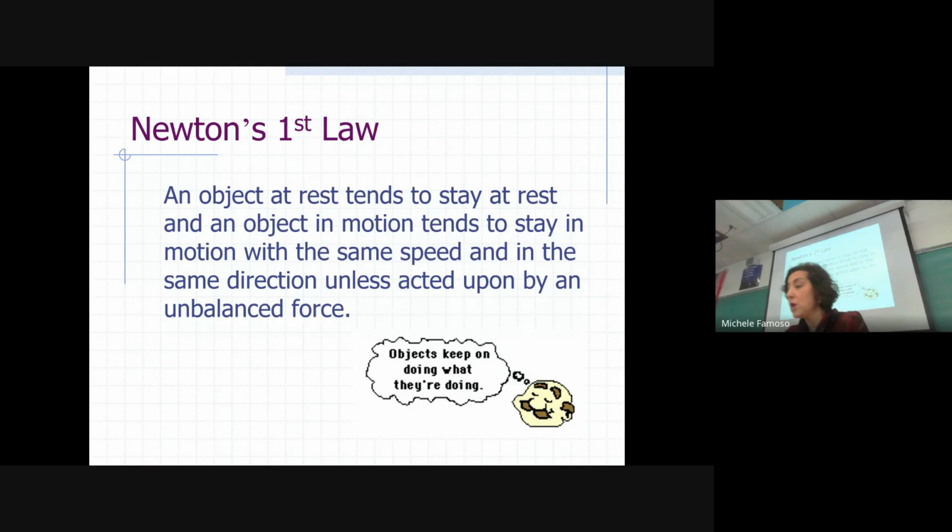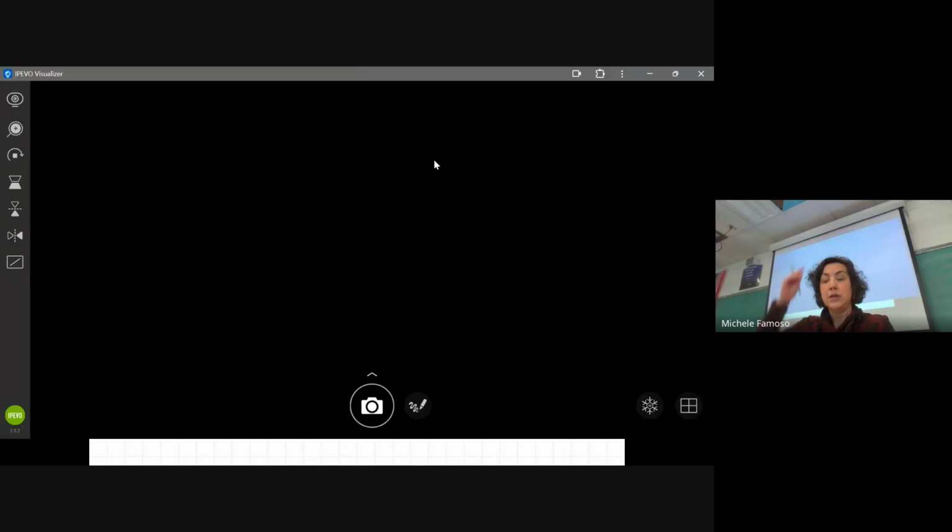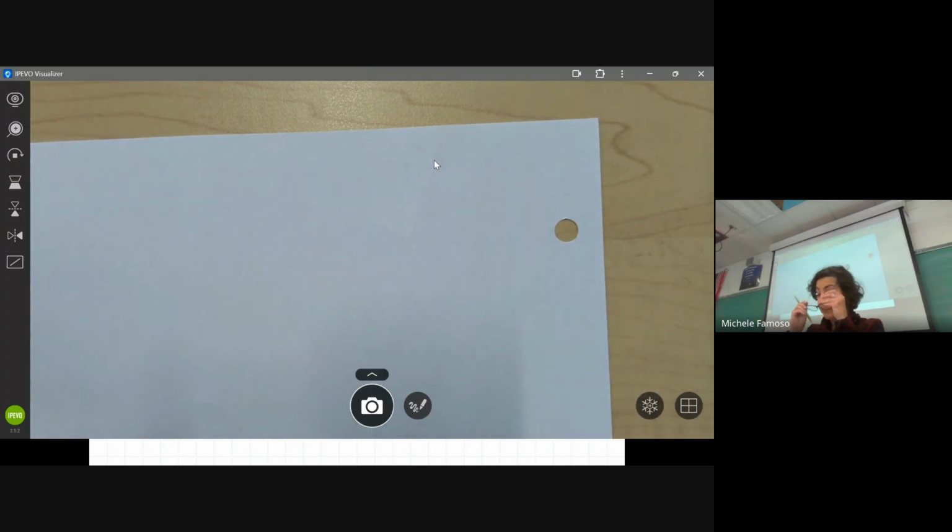Okay. So before we go into any more detail with this, let's try to describe what is meant by an unbalanced force. And I'm going to help you do that with some pictures, okay? So let's get some of these pictures in our notes.